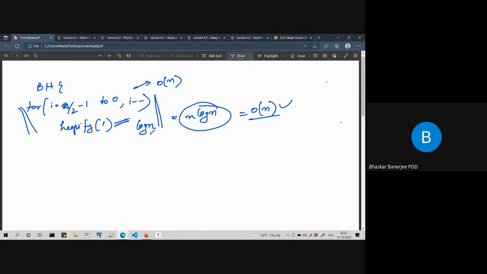We were segregating each operation separately. Here we segregated heapify and said that it takes log n time. Then we saw that this for loop takes order n time. And then we multiplied. But this might not be a good approach to analyzing the time complexity of an algorithm, where we find the time taken by each operation separately and finally multiply them to get a result.